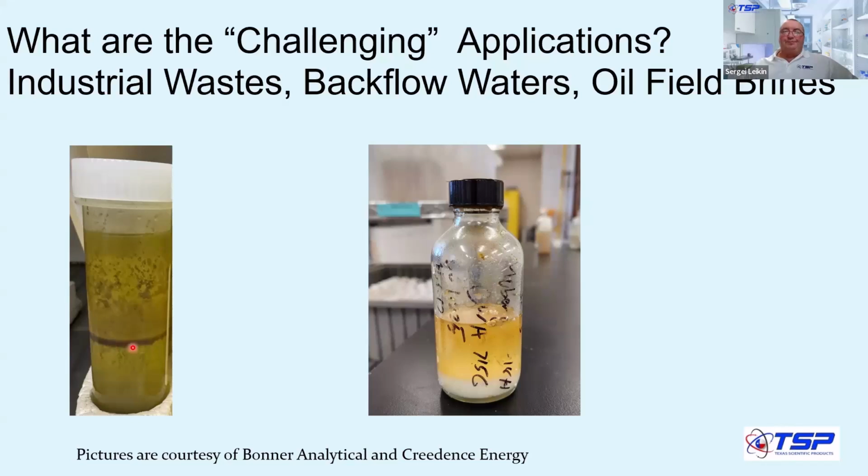You can see there is a separation of aqueous and organic phase here. The picture on the right represents what we call backflow waters or hydraulic fracturing waters that have extremely high TDS content, used in oil production. In the same category fall oil field brines used for lithium extraction.